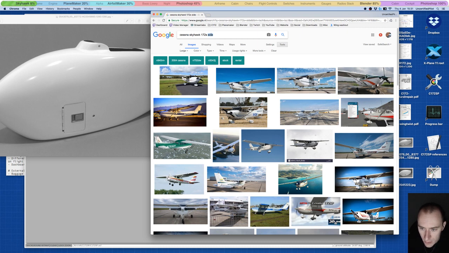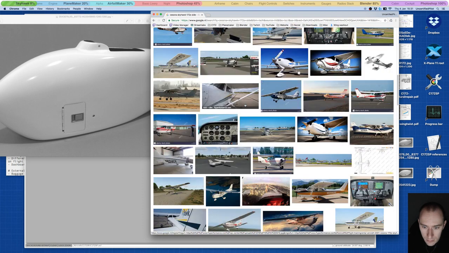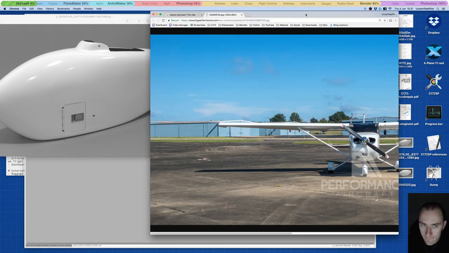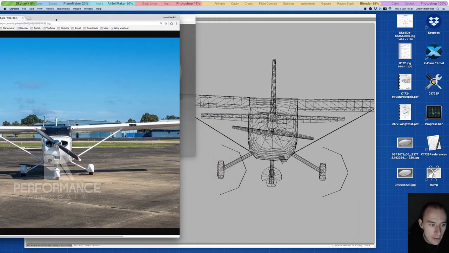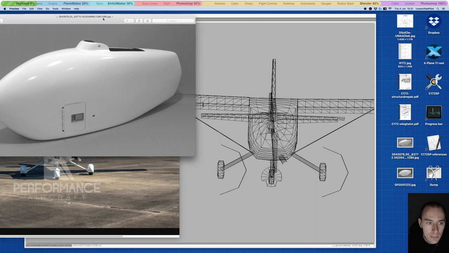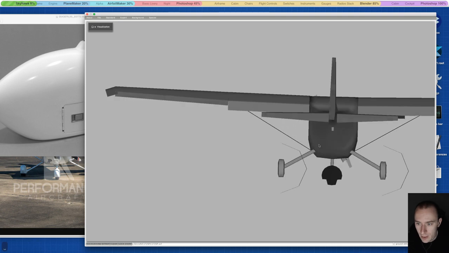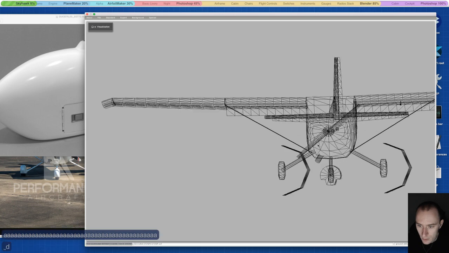But the nose would be perhaps even better. What a beauty of an aircraft. Yes, we're looking at the tail here at the front.